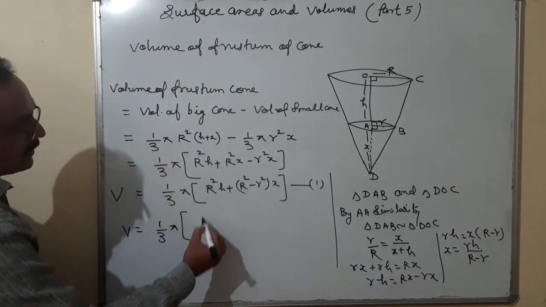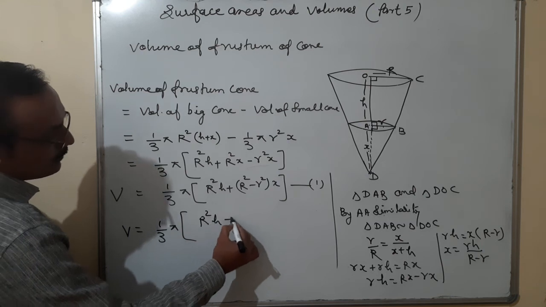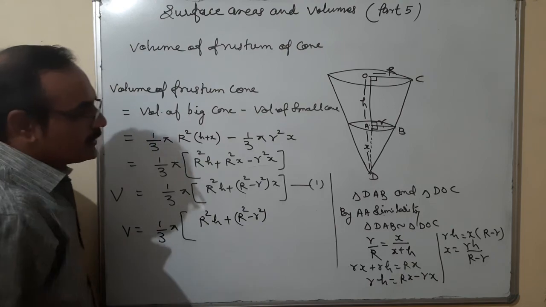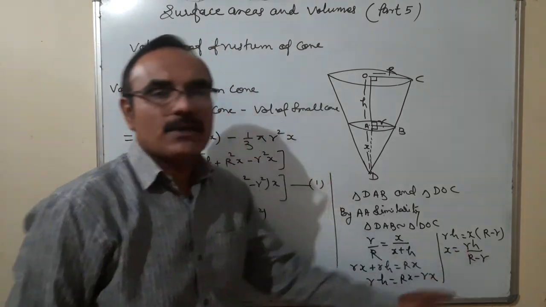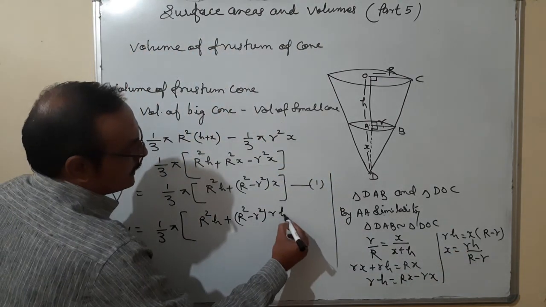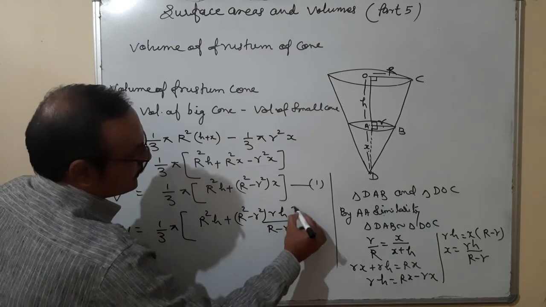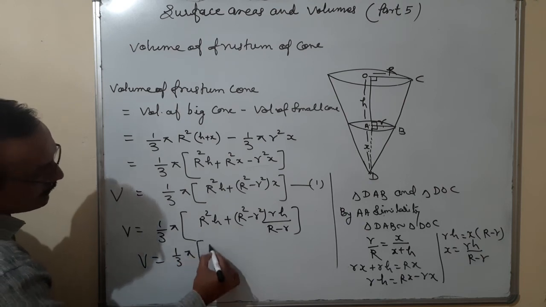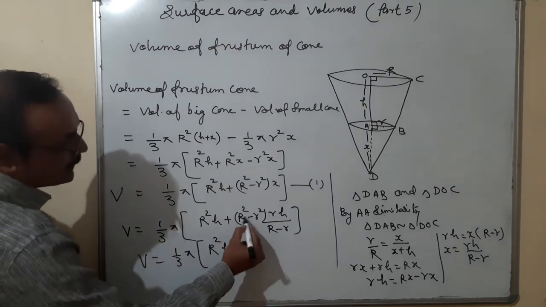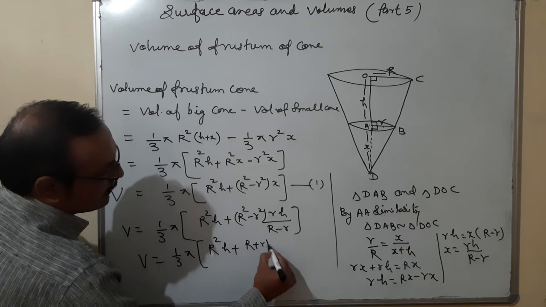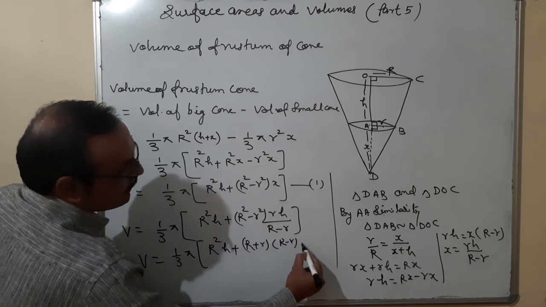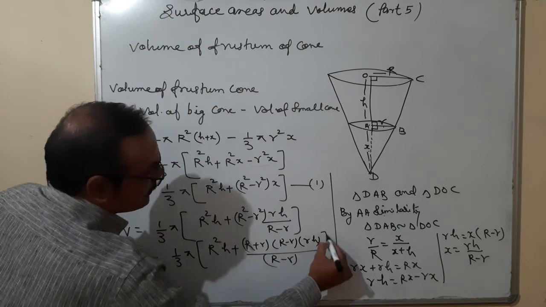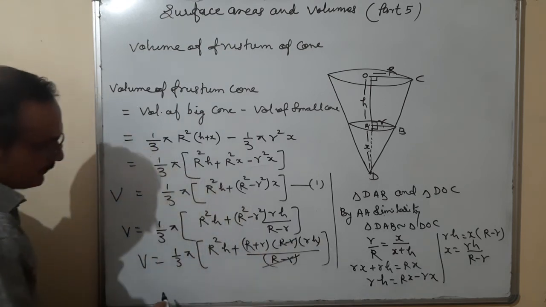Then what happens? R square h plus r square minus r square into, in place of x, this x will be replaced by rh upon R minus r. Okay.